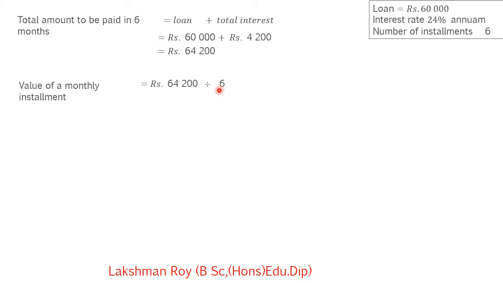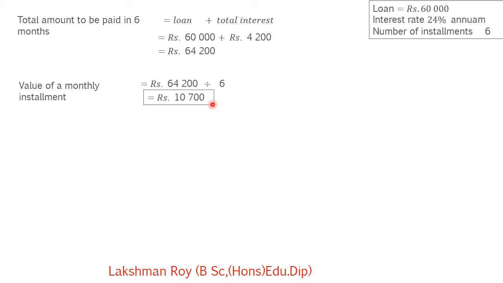That means the number of installments, that is 6. So what happens if you divide 64,200 by 6? You get 10,700, right? So this is the monthly installment you should pay with interest.